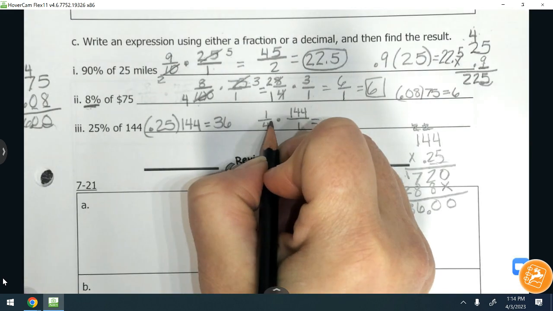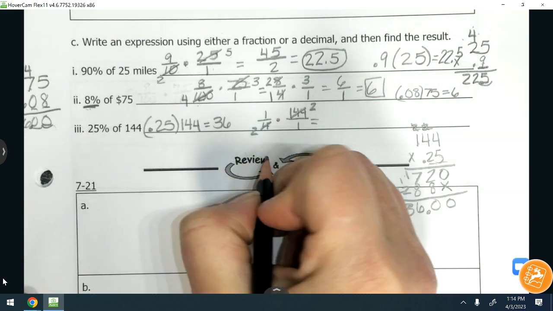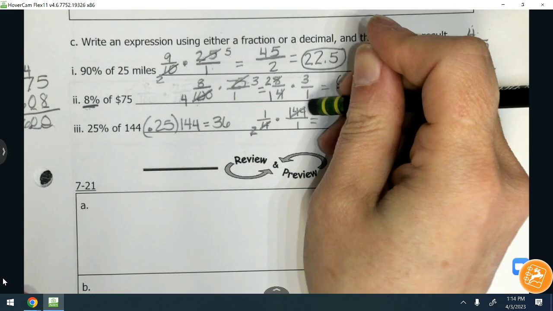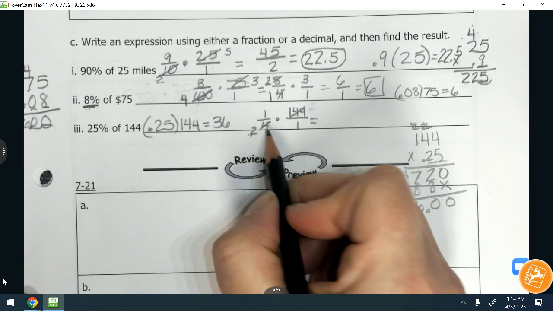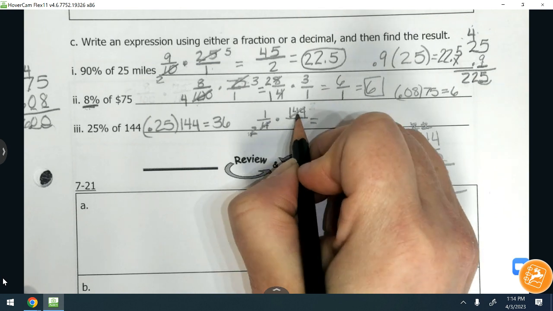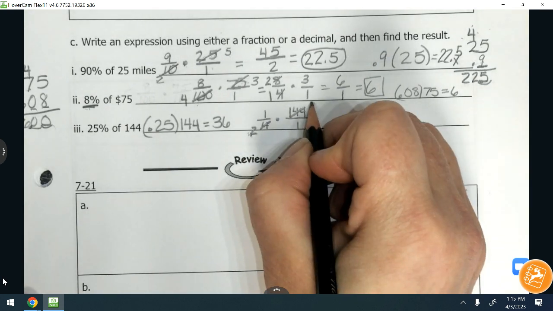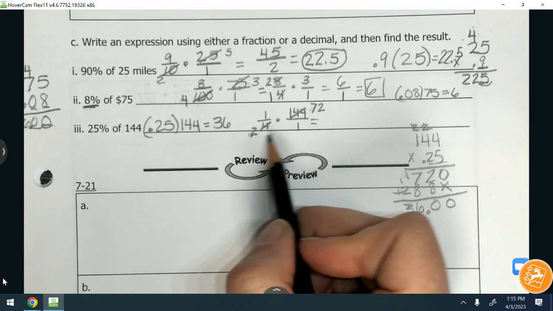So I'm going to divide by 2 over 2 in this manner. I have 2 right here because 4 divided by 2 is 2. I'm going to divide 144 by 2. I see 14 divided by 2 is 7. And then I have 72. So now I have 72 divided by 2.